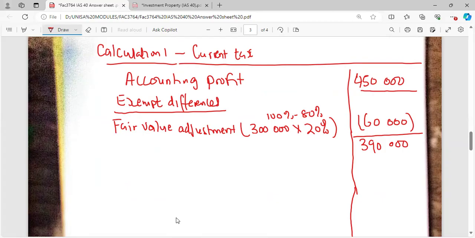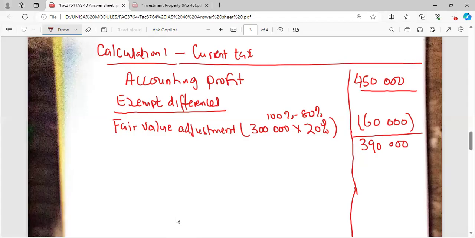We're not yet there. Remember, after it there is a temporary difference. Is it profit after exempt difference? Profit before tax?